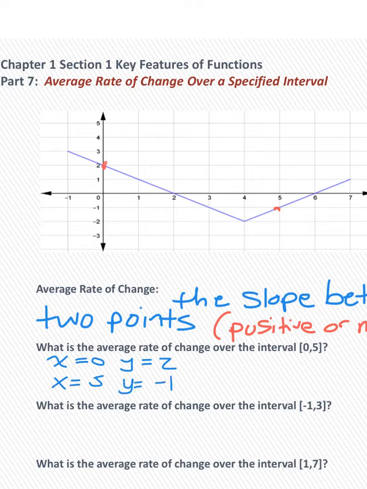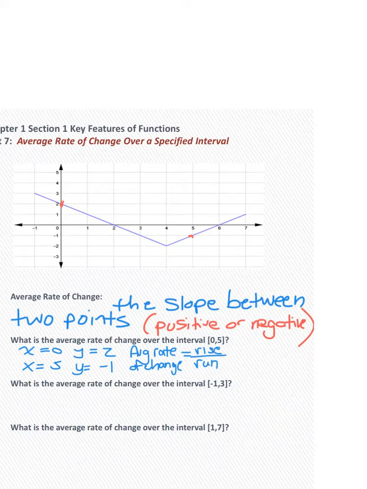And so remember that the slope is rise over run. So our average rate of change is the slope. So I'm just going to write that the average rate of change equals the rise over the run. So if I have an output, of course my rise is the change of the y values.